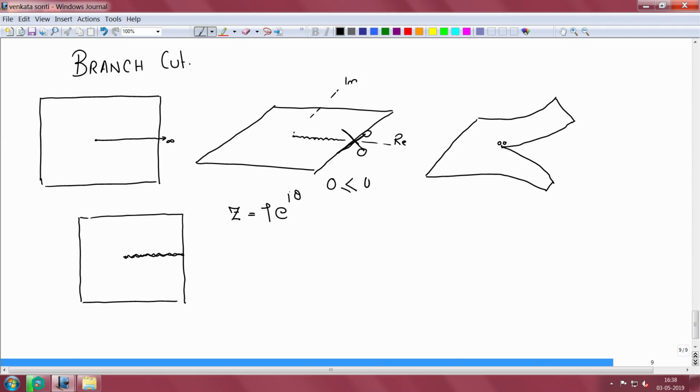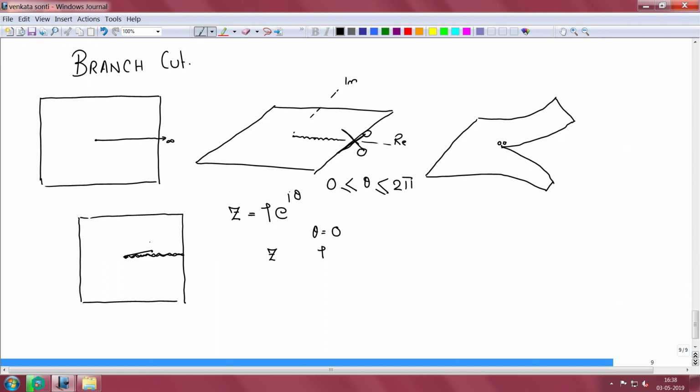Now, when theta is 0, then I have z equal to rho. So, I start at some rho and theta equals 0.